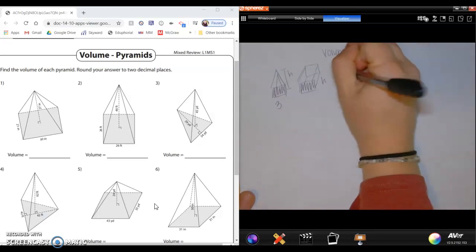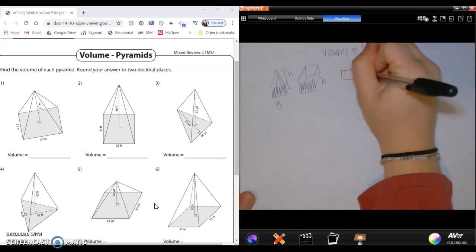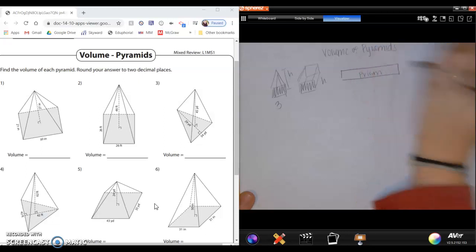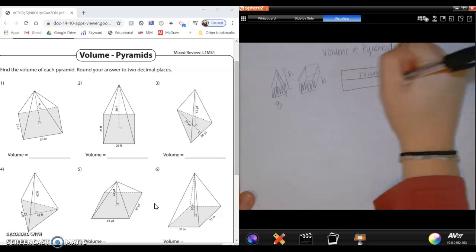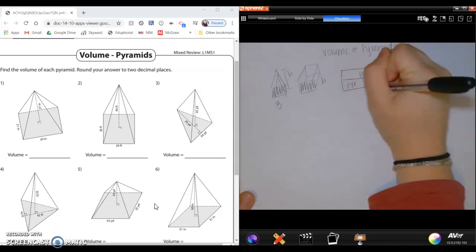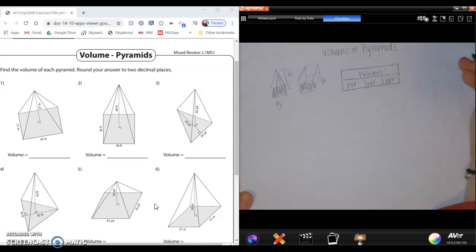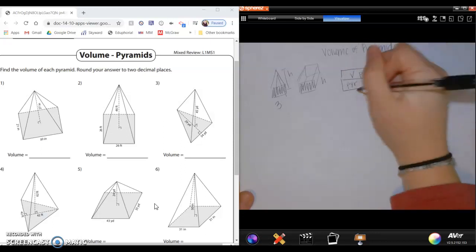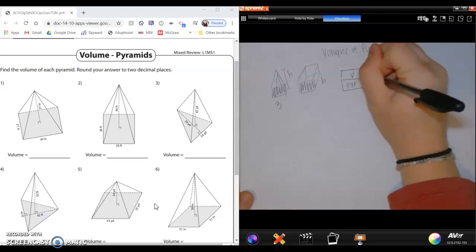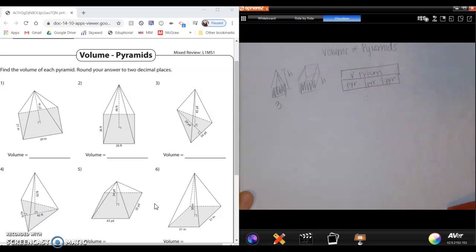So if I come over and I draw a bar model, and this is the prism, it took exactly 3 of the pyramids to make up the entire prism, which means if this is the volume of the prism, or the whole, then the volume of the pyramid would be 1/3 of the volume of the prism.